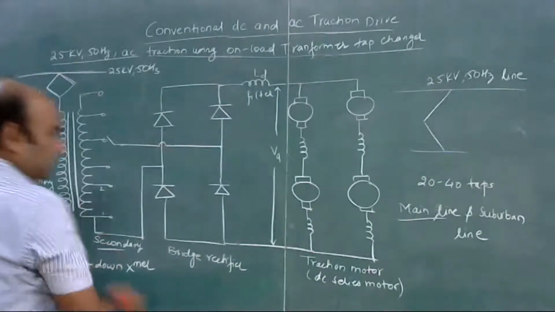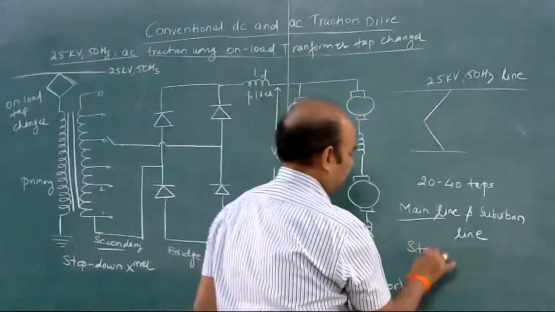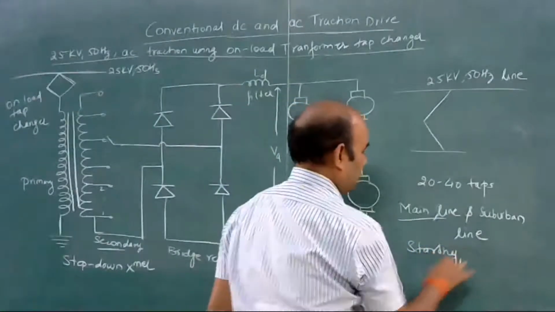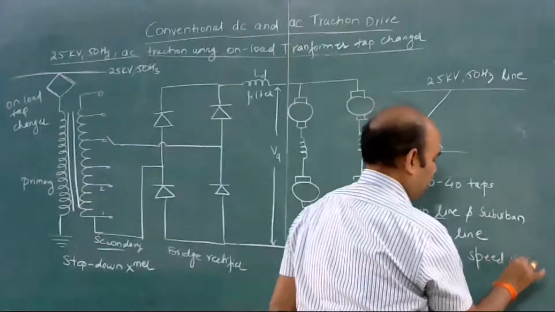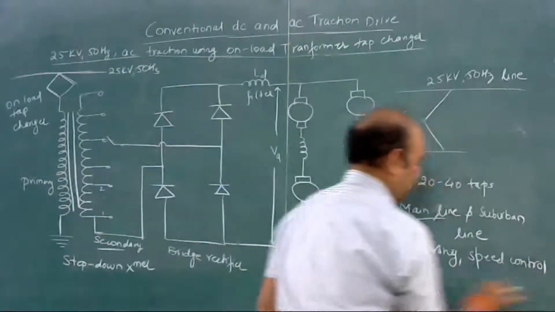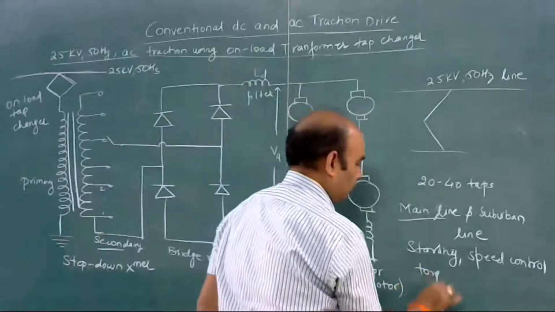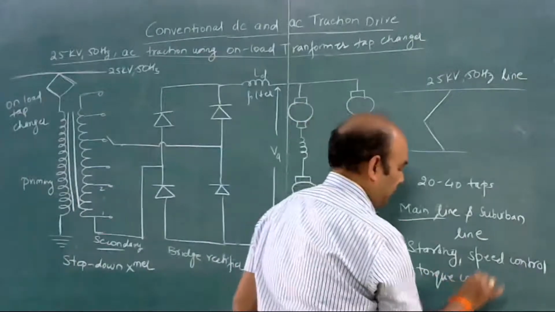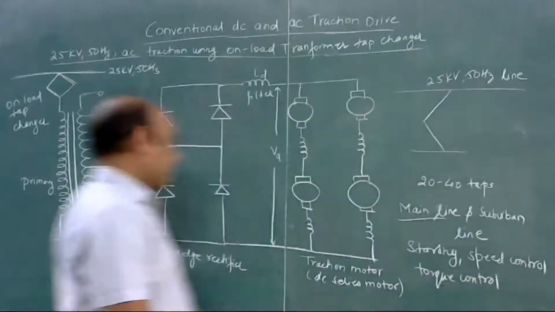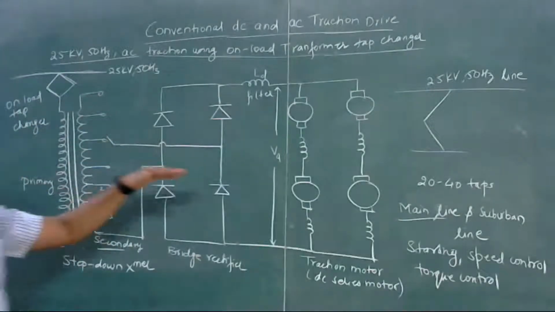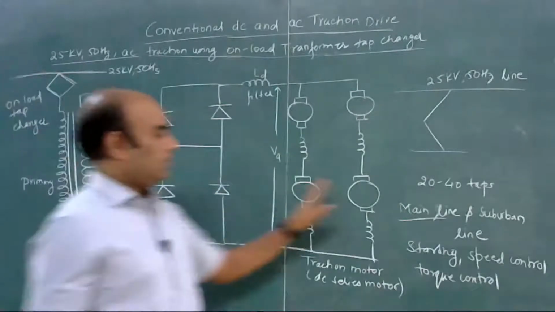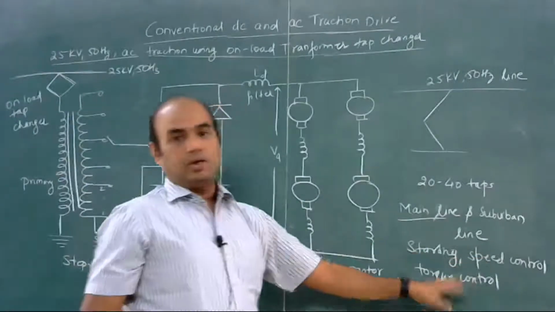So the starting of this motor, speed control and torque control can be done by changing these taps. By changing this tap, you can control the starting of the motor, the speed control of the motor, and torque.